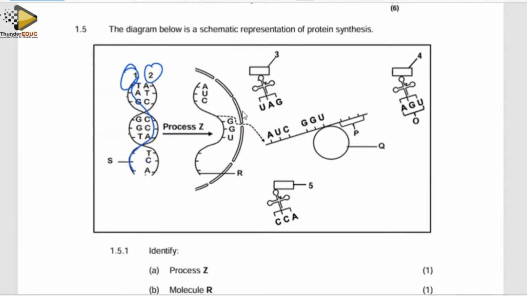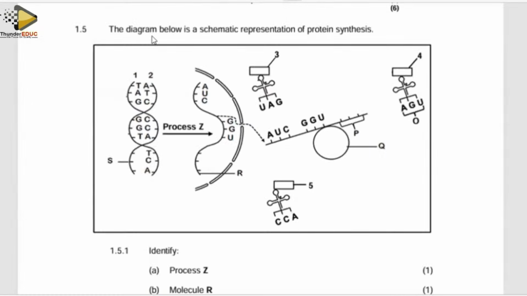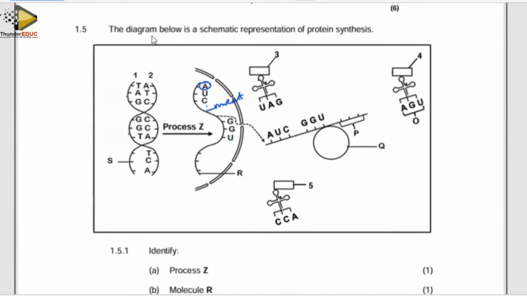If this is messenger, what does this one correspond with? A goes with T, and then U goes with A, and then C goes with G. So I'm going to look for the strand which has this, because this is a mirror for this. Therefore, this became the template. TAG. So it is strand 1. Strand 1 is the one which is used as a template in that case.